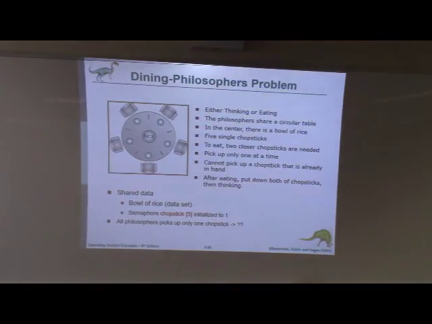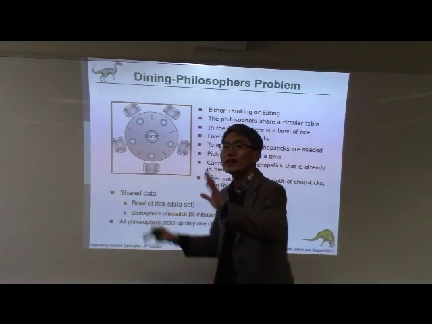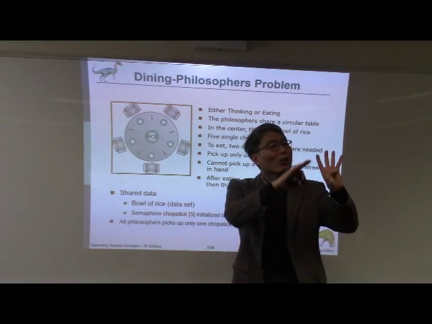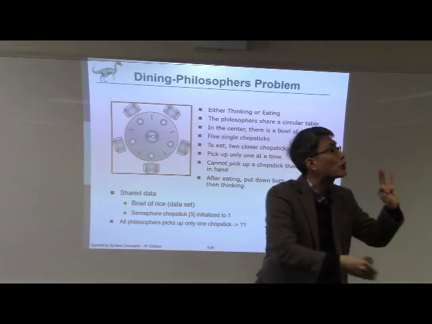That process can do either processing, consuming the resource, whatever the resource is, or idle. In the dining philosophers problem, the process can do either only thinking or eating. Eating means using the resource.